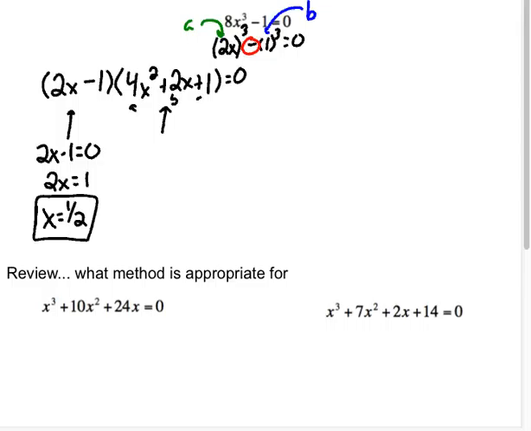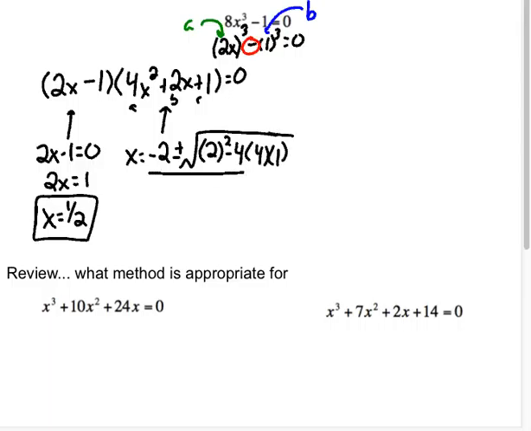A, B, C. So negative B plus or minus the square root of B squared minus 4 times A times C, all over 2 times A. I'm going to want to simplify that piece in there.